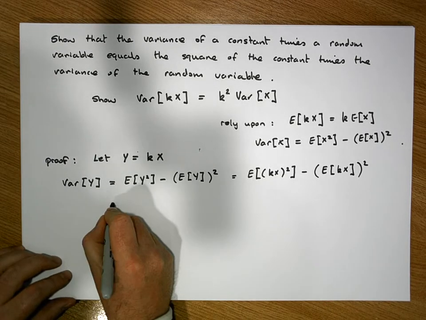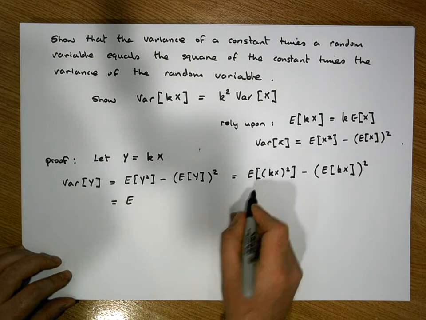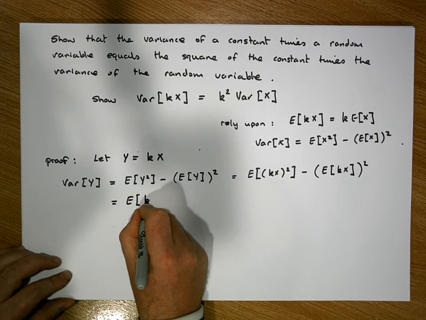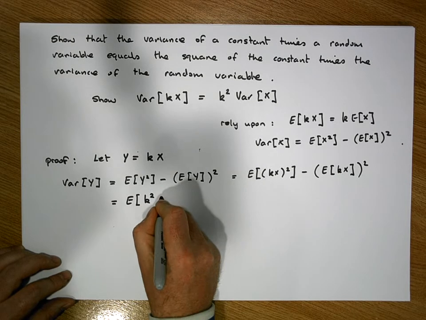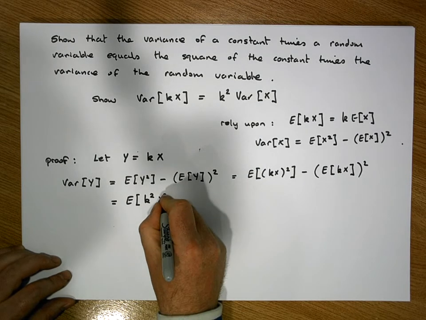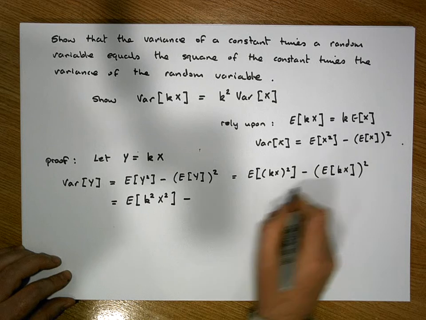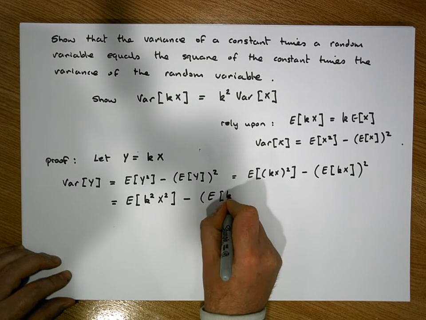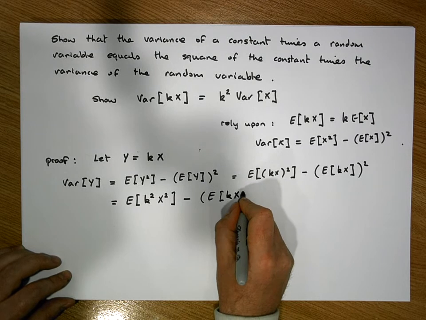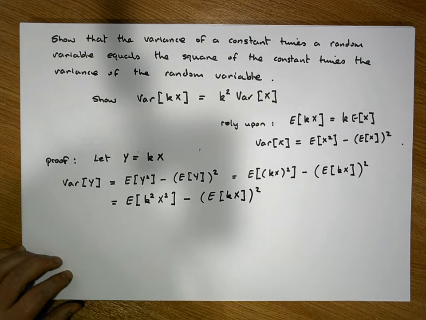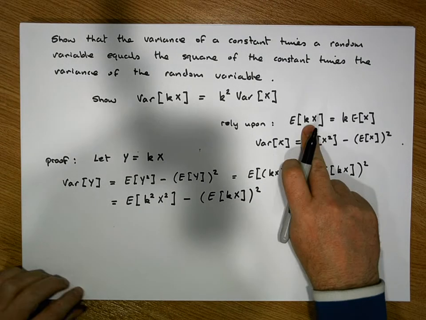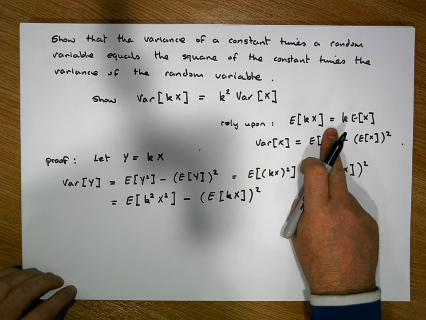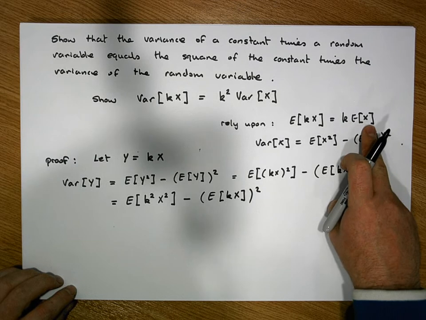So let's square this particular term here. So this is equal to the expected value of k squared times the random variable squared, minus the square of the expected value of k times x. Now, our rule up here says that the expected value of a constant times a random variable is the same as the constant times the expected value of the random variable.